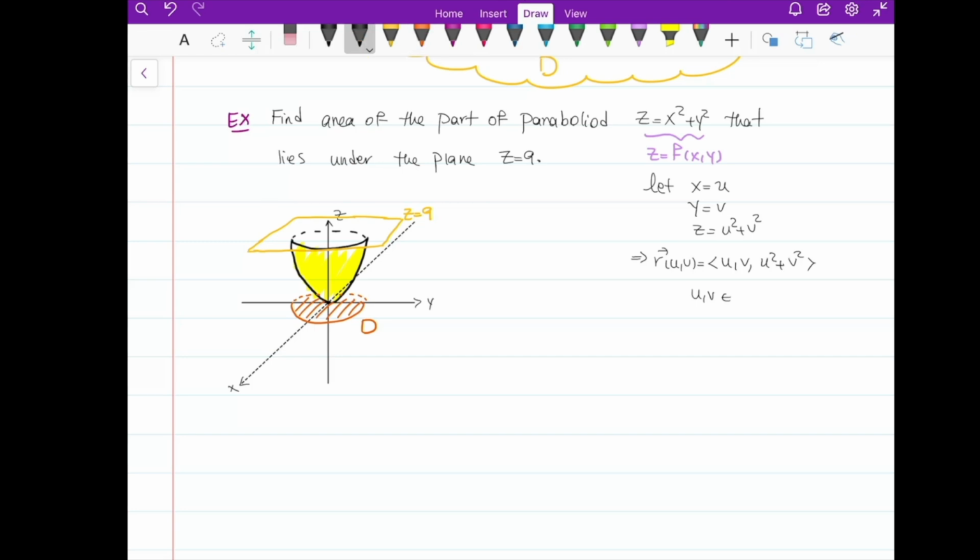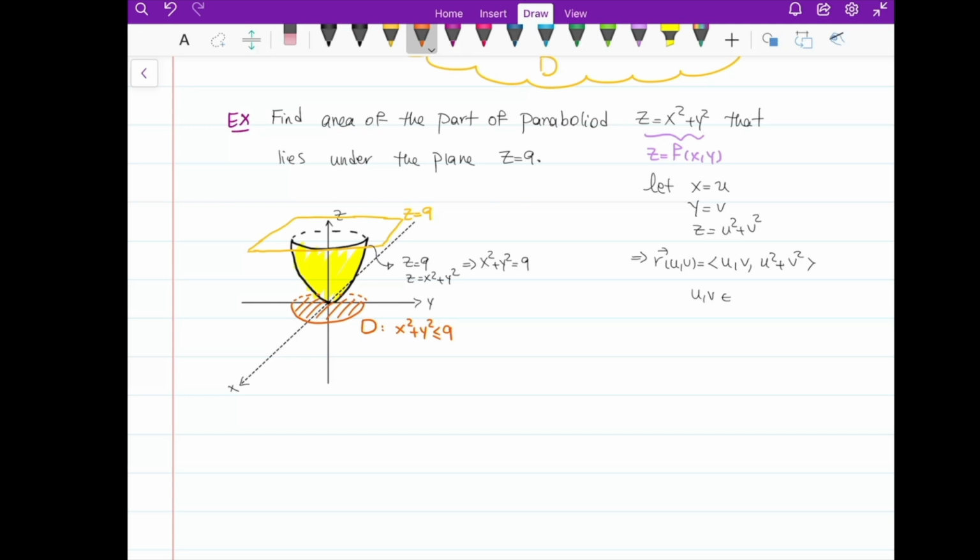I need to find the intersection, because the boundary of D would be the intersection of z equals 9 and the paraboloid. So z equals 9 and z equals x squared plus y squared. The intersection of these two is a circle of radius 3, as you see here. So D would be the disk x squared plus y squared less than or equal to 9.